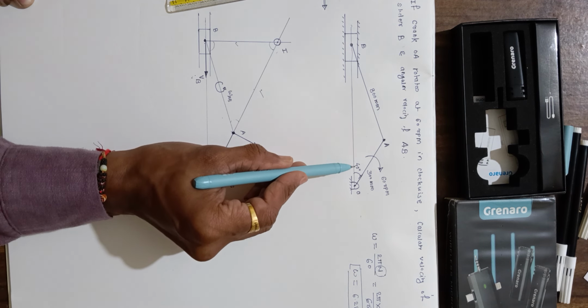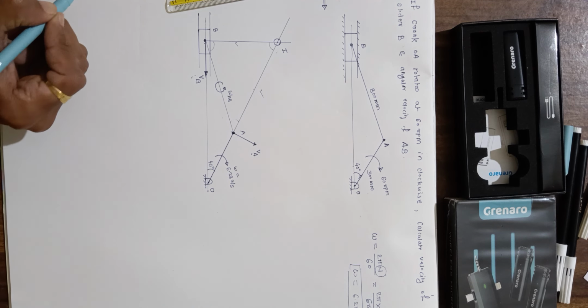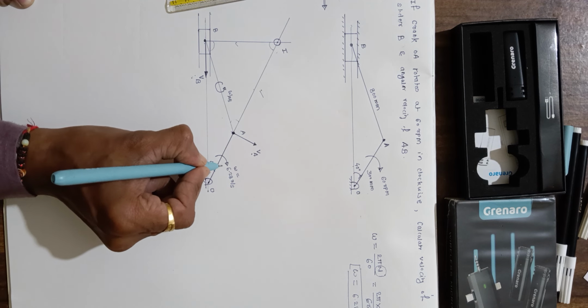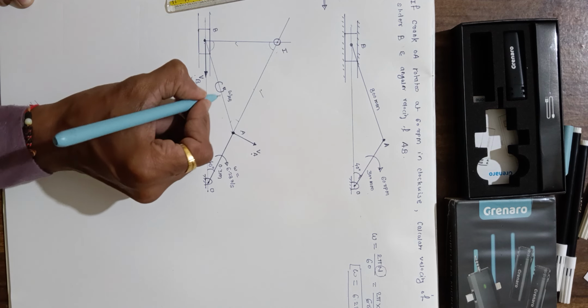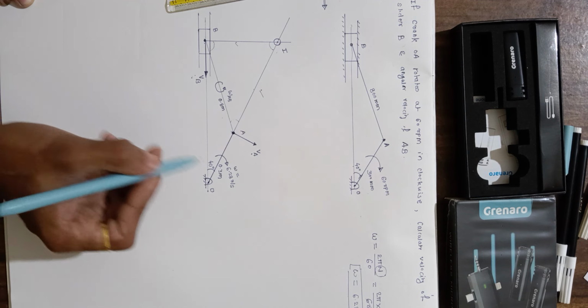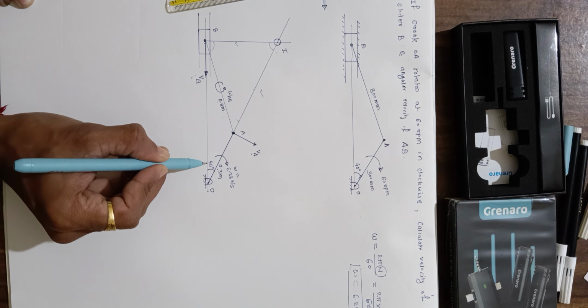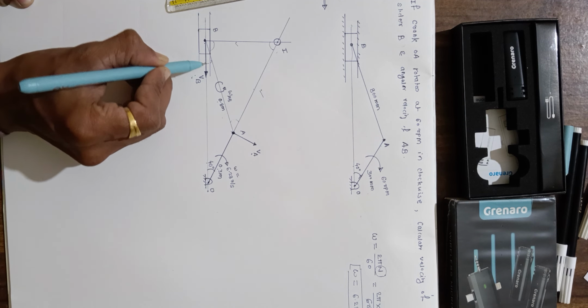In this triangle, one angle is already given, so it is 40 degrees. Distance AO is given, it is 300 mm, so this is 0.3 meter. Distance AB is 800 mm, so this is 0.8 meter. Now by using this 0.3, 0.8 meter and this angle 40 degrees, we can find out the remaining angles.